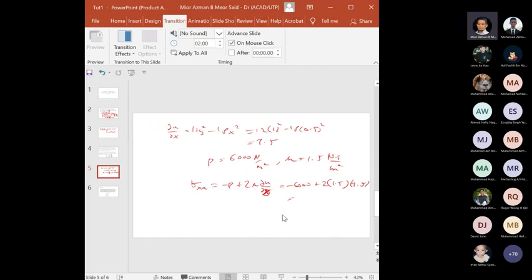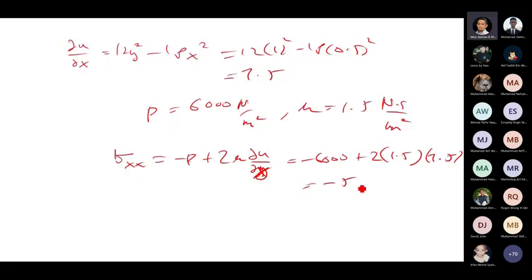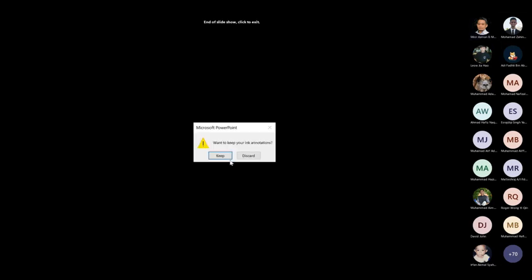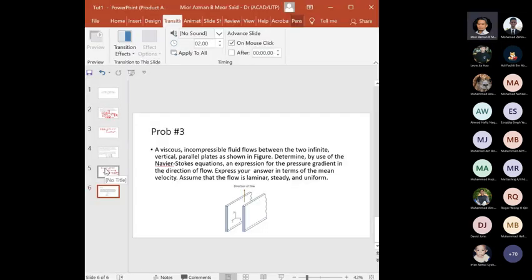About negative 5,982 Pascal, negative 5.98 kilopascal. So that's how it is.